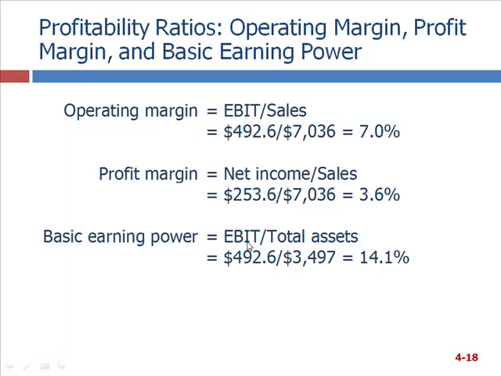And you know, these two firms might actually even have very different financing strategies and therefore different levels of interest expense. And for that matter, they might also be in different tax brackets. You don't know. And so if you're just trying to compare two companies based on their operating performance, and you don't want to be looking at the financing cost and at the tax situation, then you might want to look at basic earning power as a measure of overall profitability.